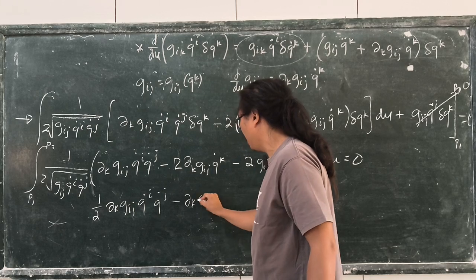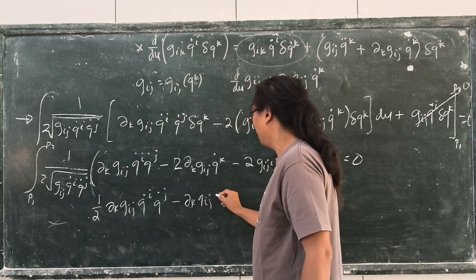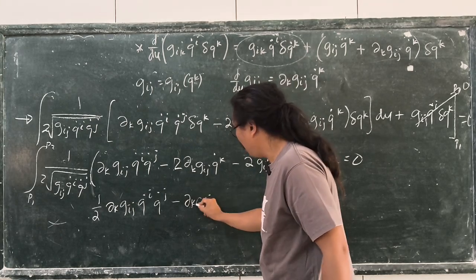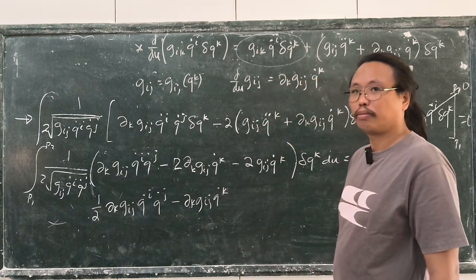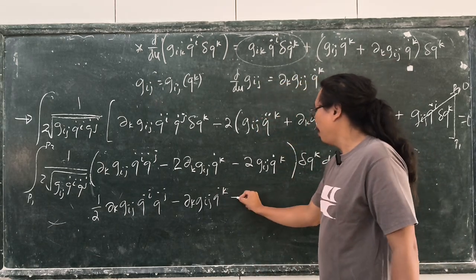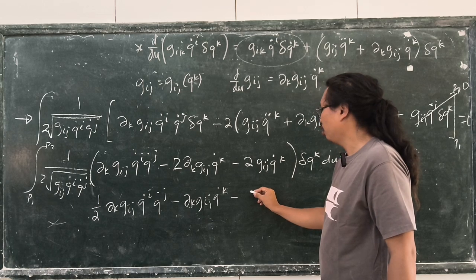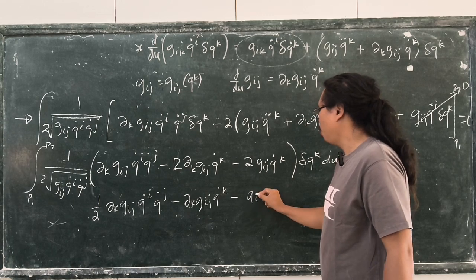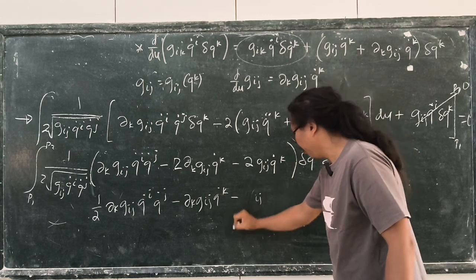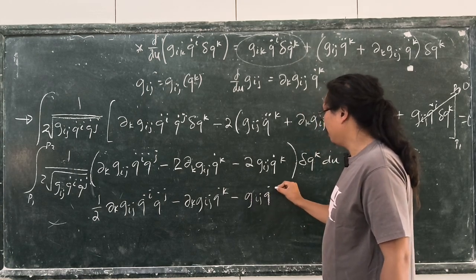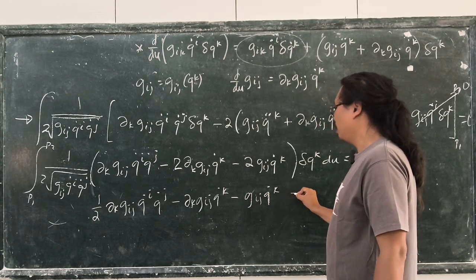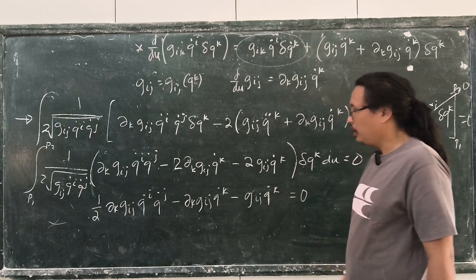Minus partial K, Qij, Gij, Q dot K, minus Gij, Gij, Q dot K equals 0.